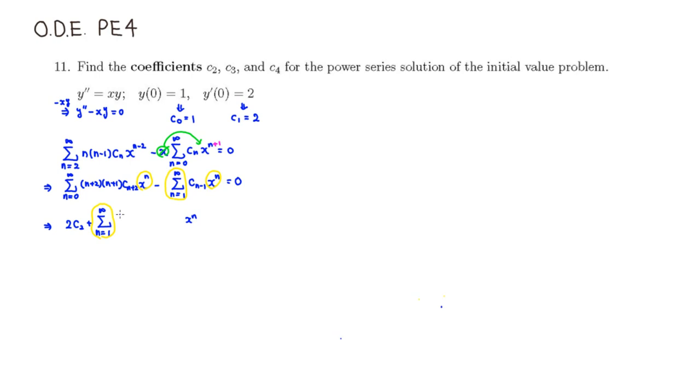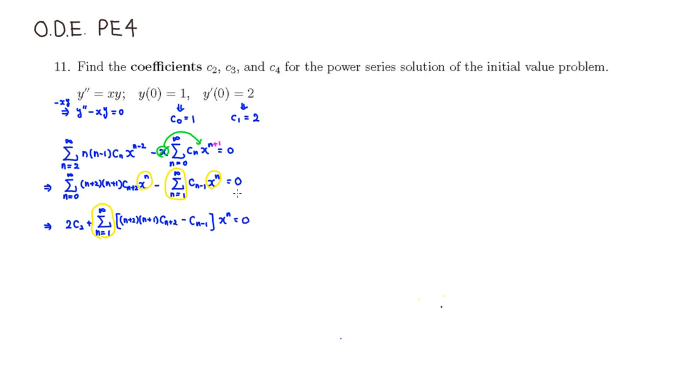Then what you get is the quantity n plus 2 times the quantity n plus 1 times c sub n plus 2, minus c sub n minus 1, then x to the n, equals 0.